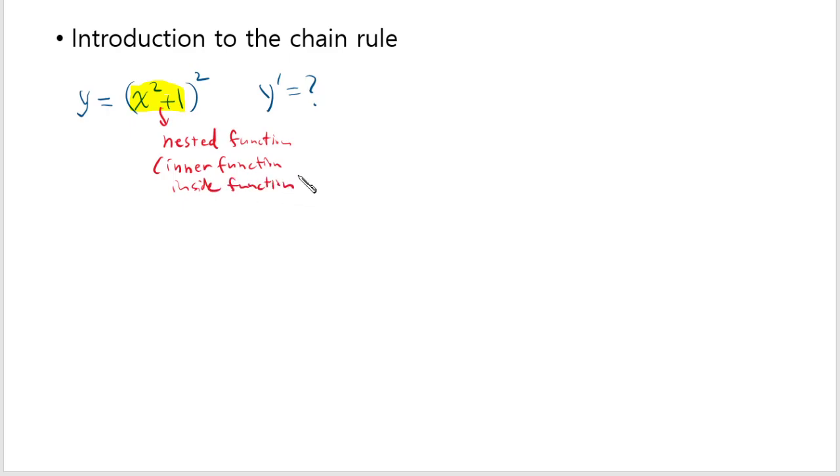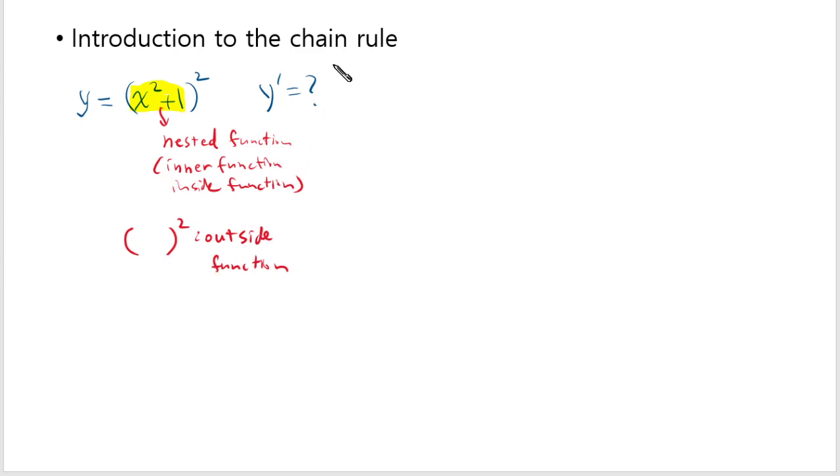So if you have a function inside a function, see, the outside function is what? Squared. That's the outside function, right? And the inside function is x squared plus 1.